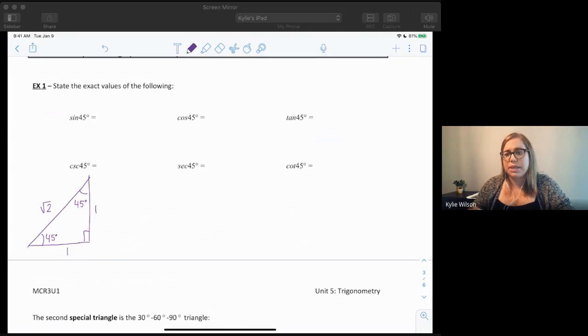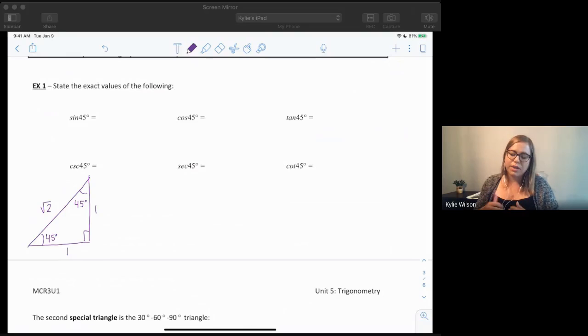You can check it on your calculator right now, so that's beneficial. But long term, you need to know these because in grade 12, they'll say this test is no calculators, you just got to know it. There's no way we can do that online. Does that make sense? Hopefully it does.